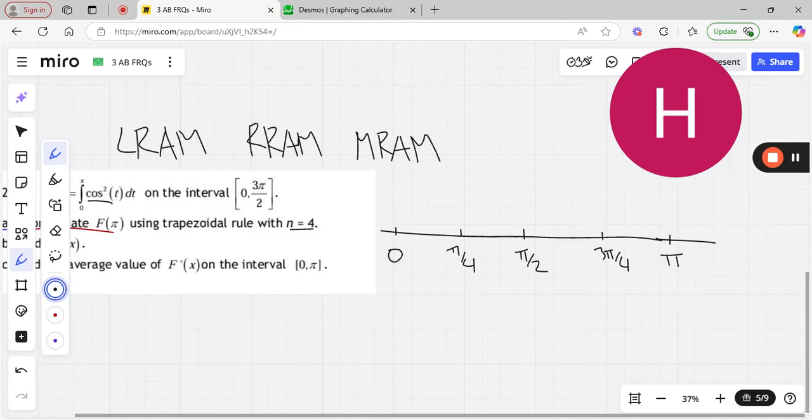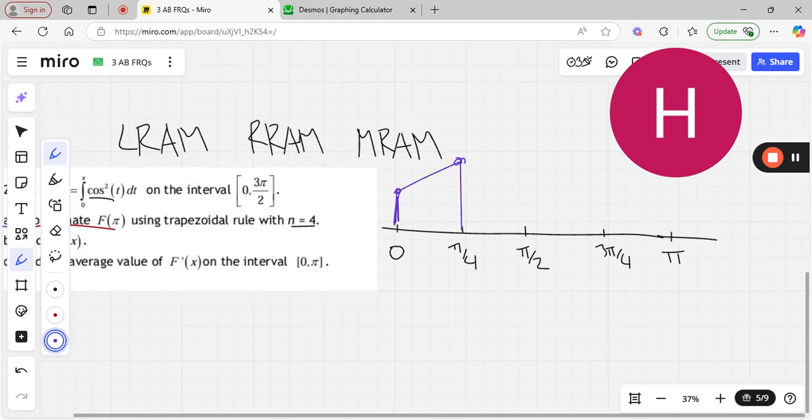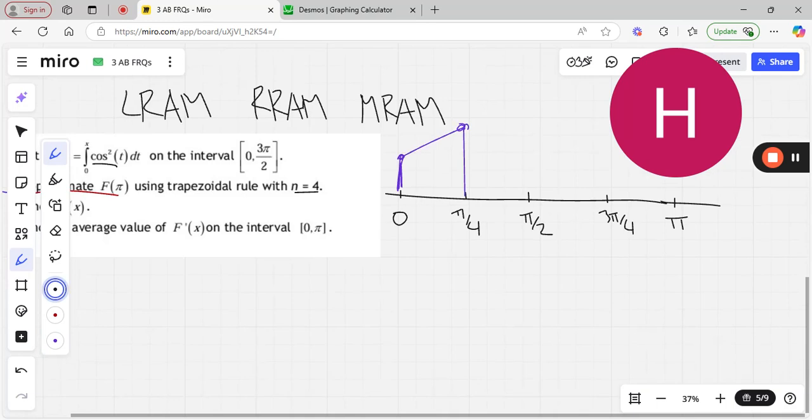Now, recall that the trapezoid formula comes from taking the height at these endpoints and then connecting them, sort of like this. Where the height of these trapezoids is actually the delta x between the points, which in this case is pi over 4.